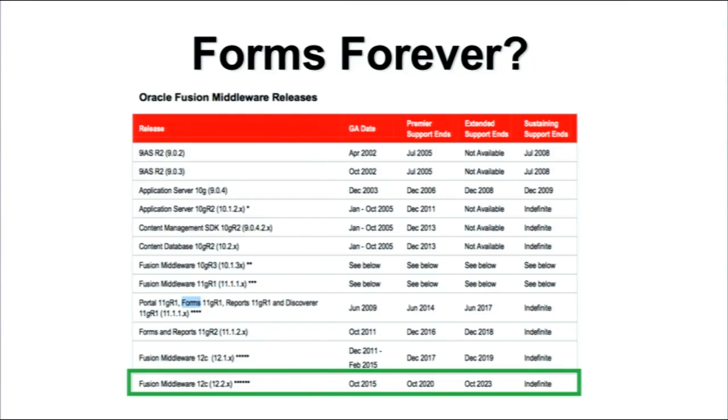Now, if you're not on Forms 12c, and most people aren't because it's brand new, then you need to sort of get moving, because if you're on Forms 11g R2, that has Premier support until December this year. So that means that, come November or something, your friendly Oracle sales guy is going to be calling you and say, oh, I noticed that you have Oracle Forms 11g R2.